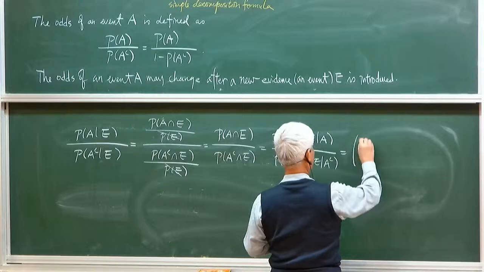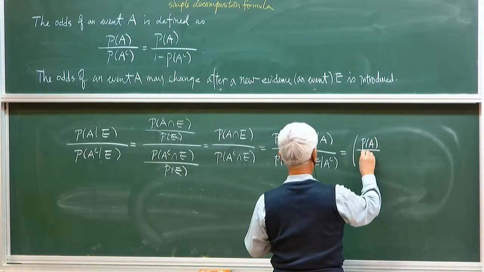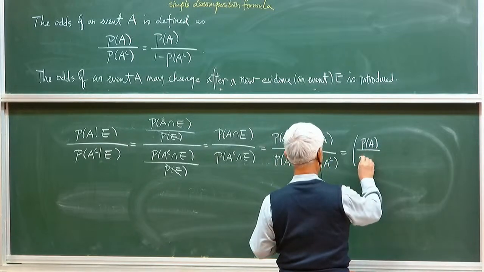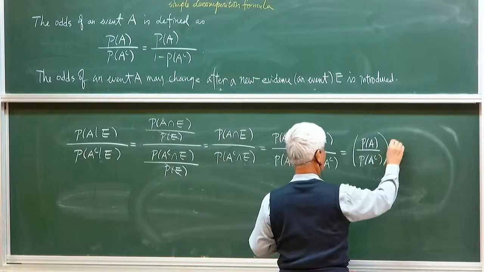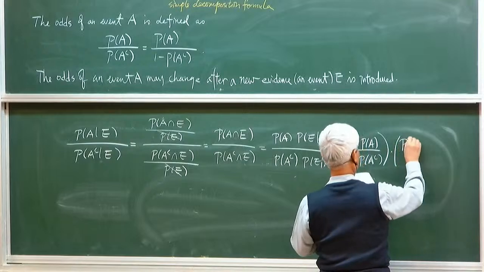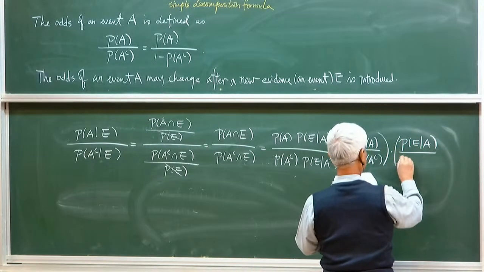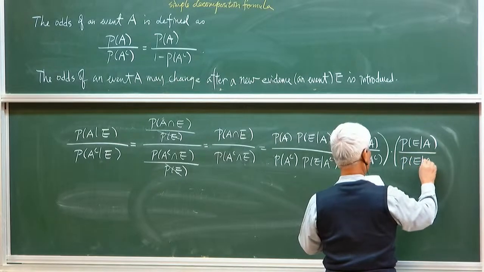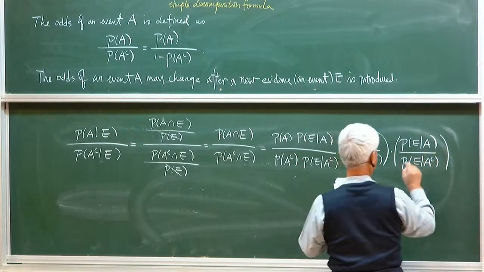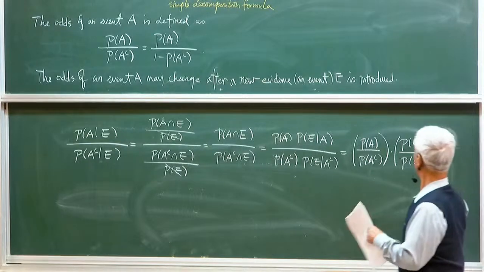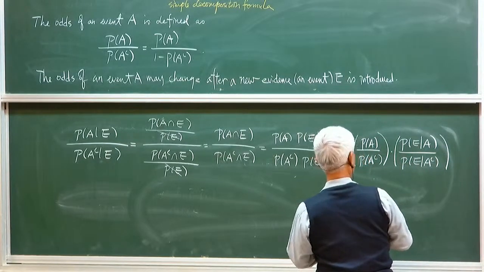So this is the original odds of event A, times this factor. This factor is the ratio of these two conditional probabilities.